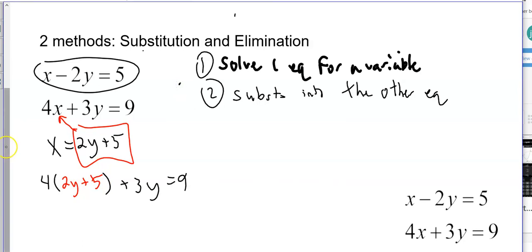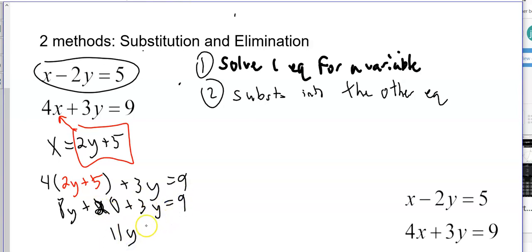Again, I think you've probably done this method. So distribute there, you get 8y plus 20, plus 3y equals 9. So 11y, subtract 20, equals negative 11. Divide by 11, you get y equals negative 1.